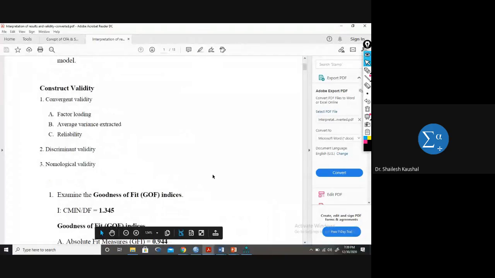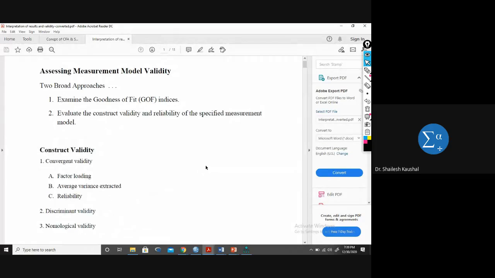So now we will check, there are 2 approaches to explain the measurement validity. One is to examine the goodness of fit indices, and second is evaluating the construct validity and reliability.